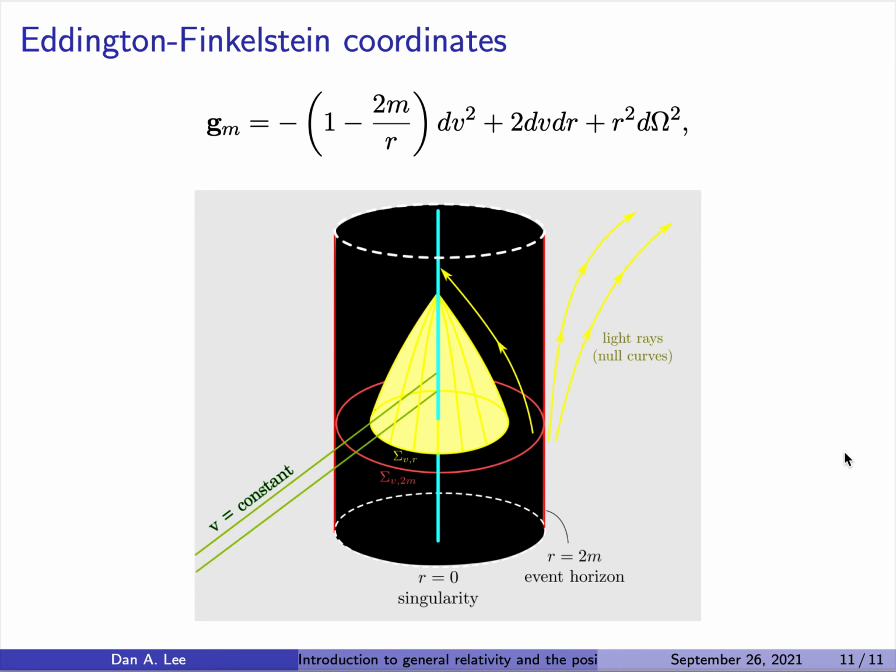This is in r, v coordinates that you're looking at, along with one of the spherical directions. But the v coordinate has been chosen so that the v equals constant lines are not horizontal in this picture. They're actually slanted to make this look right.